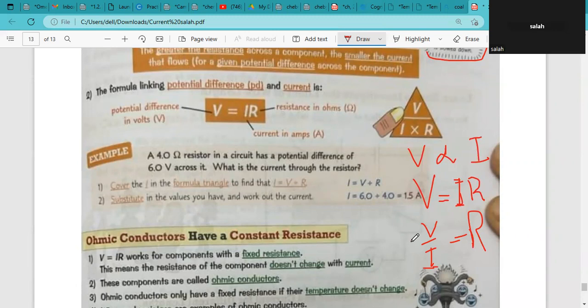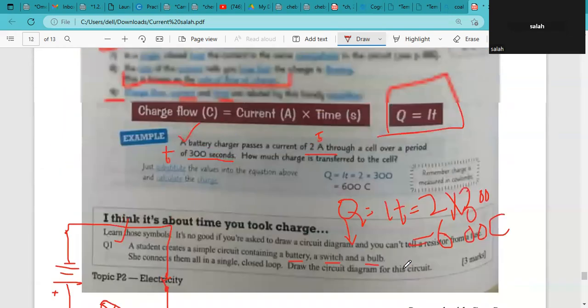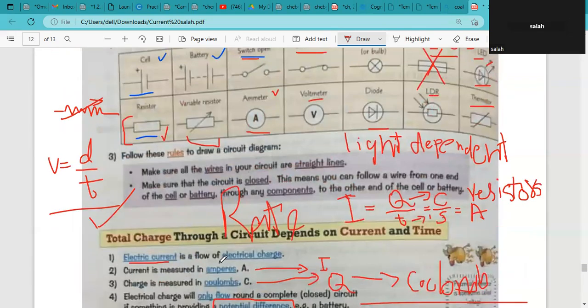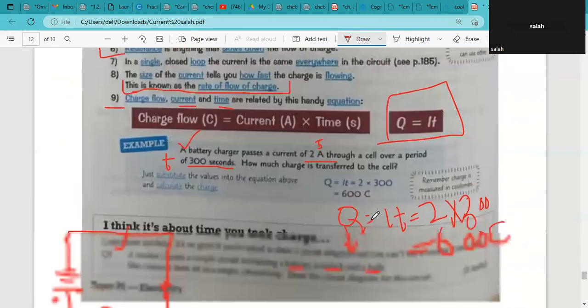And when we talk about its unit, you know the unit of potential is volt, and the unit of current is amps, amperes.